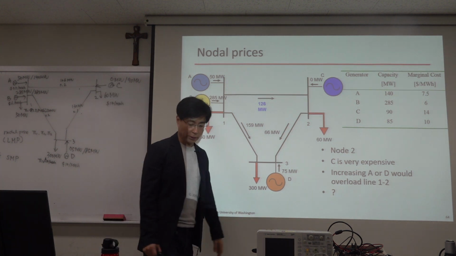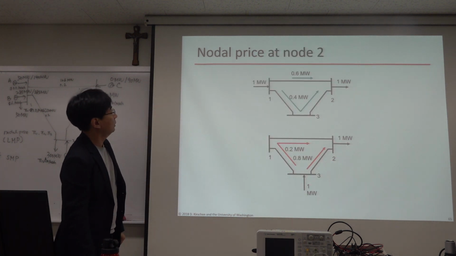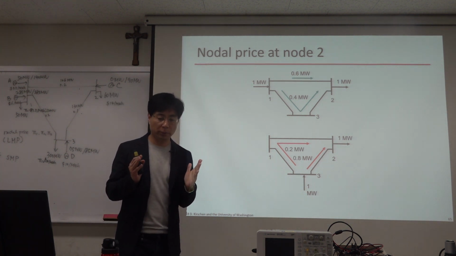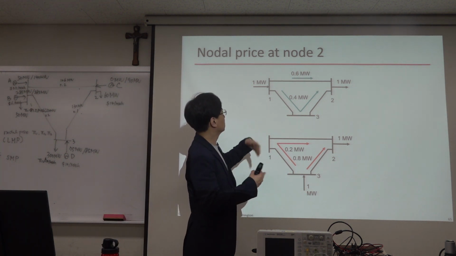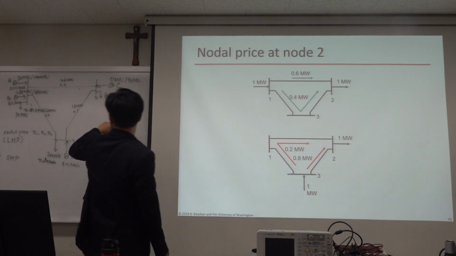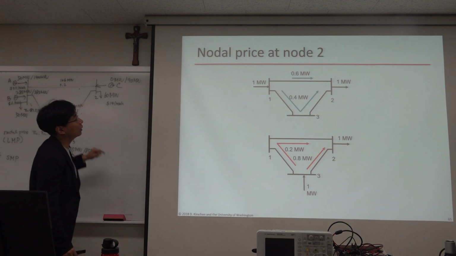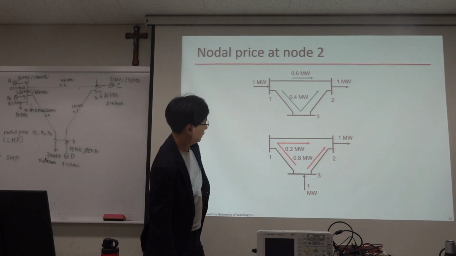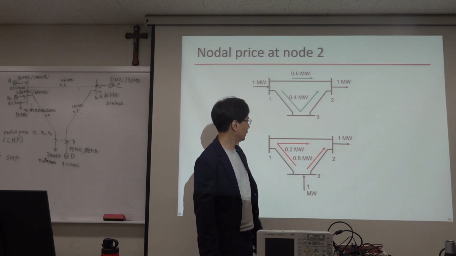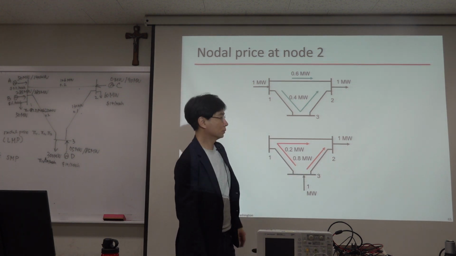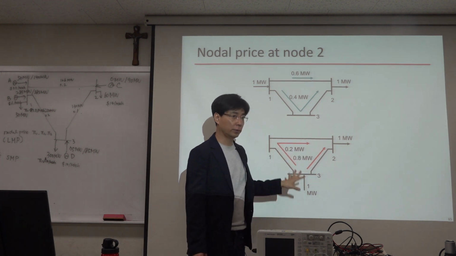So to do that, we want to use the superposition principle. So again, when 1 megawatt is injected, because the impedance is 0.2, 0.2, 0.1, it is split 0.4 and 0.6. And similarly, when 1 megawatt is injected here, impedance is 0.1, 0.2, 0.2. So 80% and 20%, right?